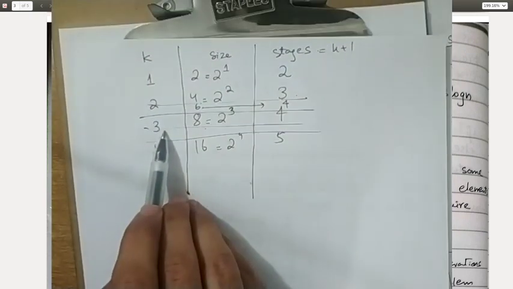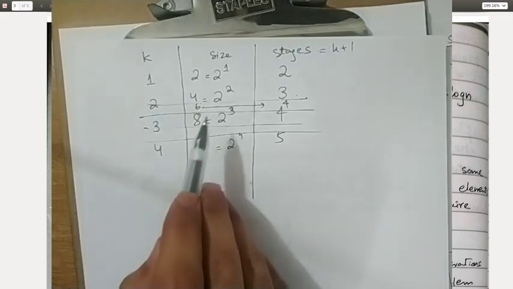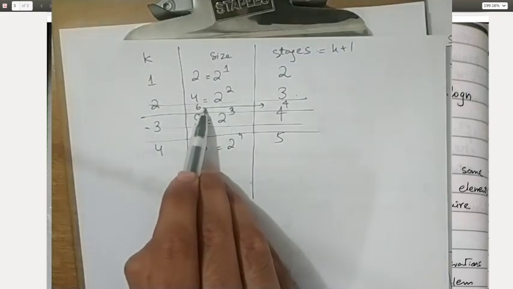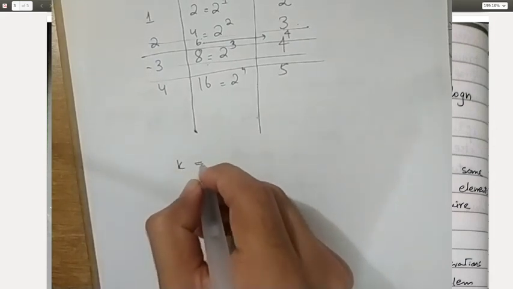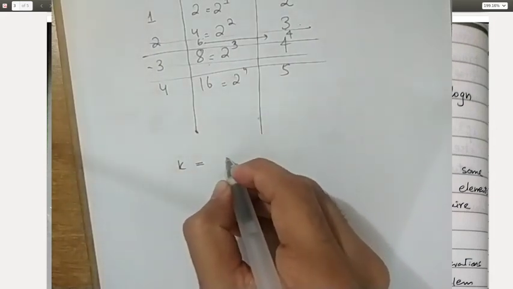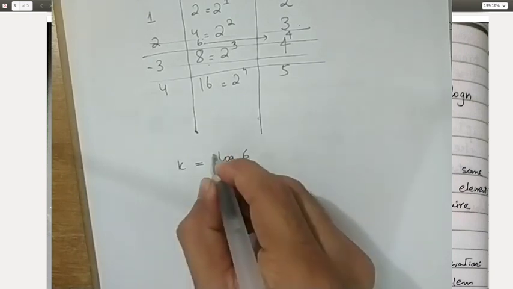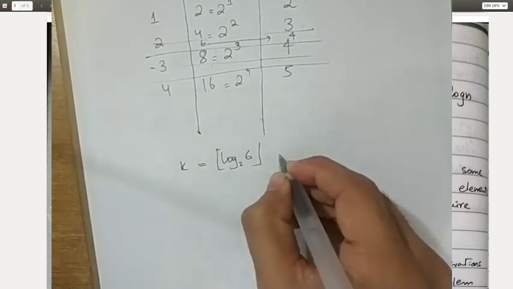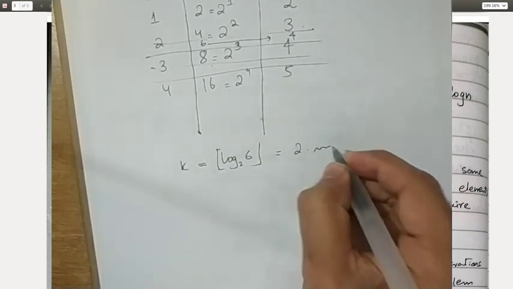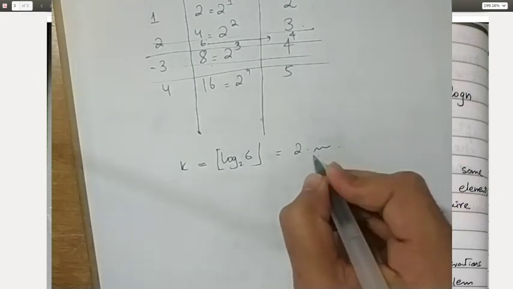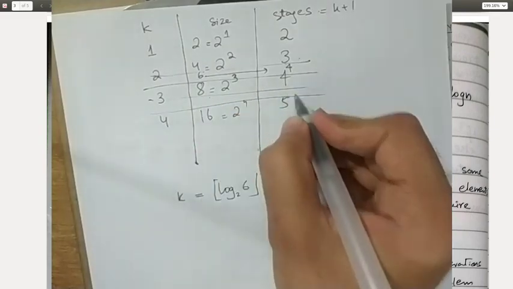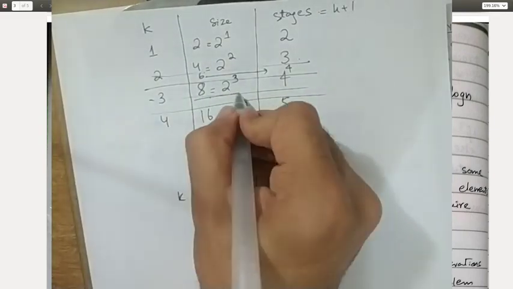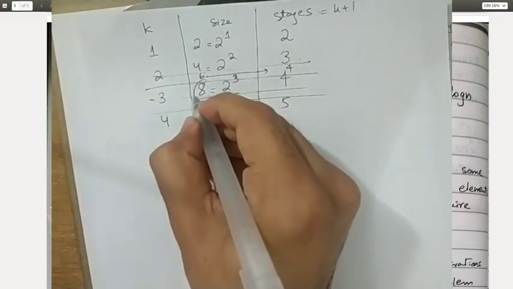And the way we find out which k to consider is you take the log of this number and floor it. So first you find k, you get log base 2 of 6, which is 2 point something. And then the number of stages will be k plus 1. You will consider the next element.